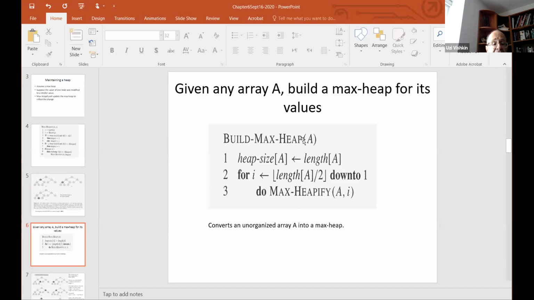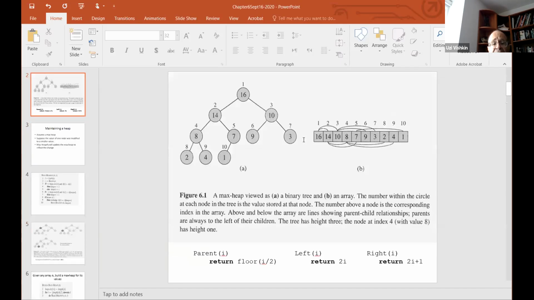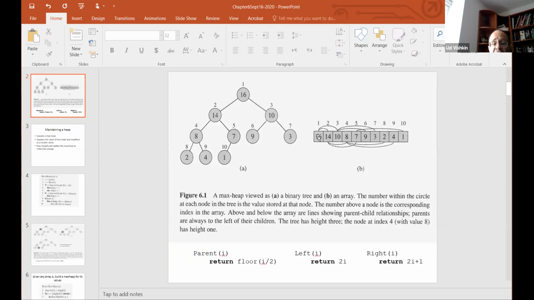So now you are given an array A. Imagine that we are given an array of 10 elements, but the elements are not sorted, because here they already satisfy the max heap property. Imagine that they are not sorted. How can I take 10 elements which are unsorted and in a pretty efficient way store them in a max heap so that each element will appear exactly once here?